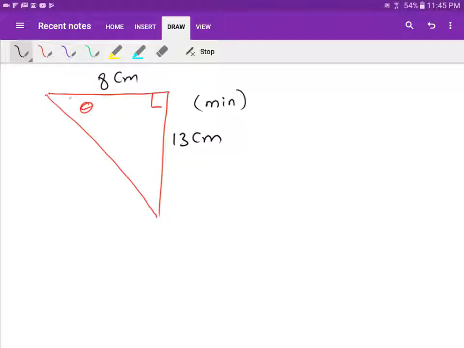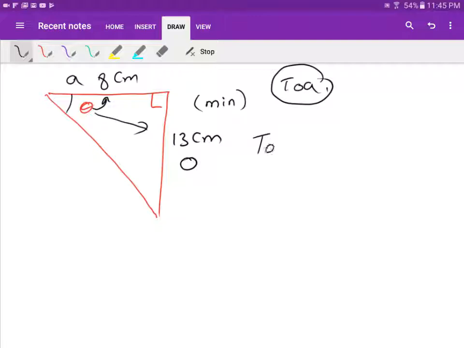First of all, remember to identify each of those first. This angle is given. This one we call opposite, because 13 is opposite of theta. 8 is next to the angle, so we call it adjacent. So you've got O, you've got A, so it's TOA.